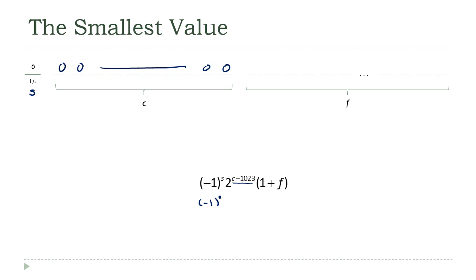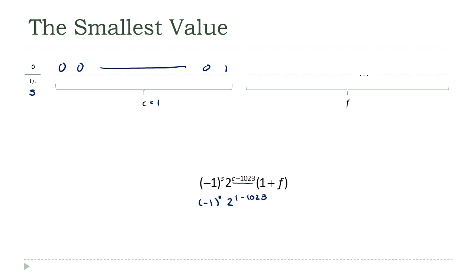That's either zero or one of those special subnormal numbers, depending on the value of f. So again, I'm going to have to fudge this a little. I'm going to put a 1 in there. So c is equal to 1. If I put that in here, this is 2 to the 1 minus 1023.